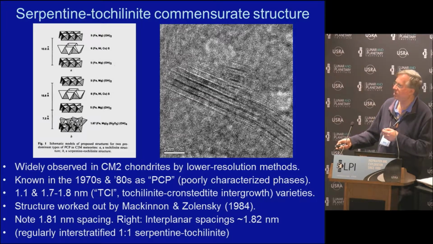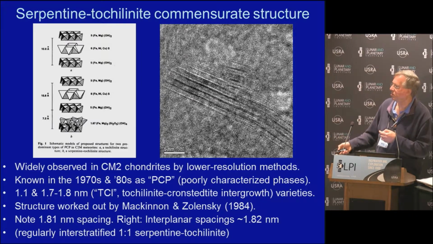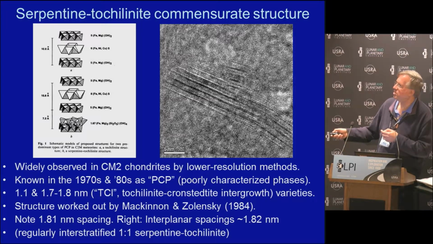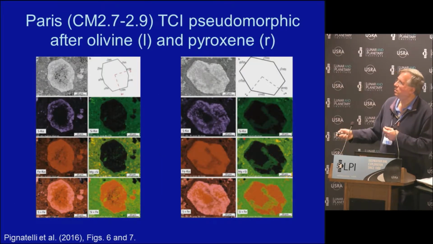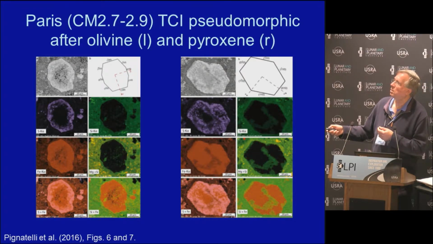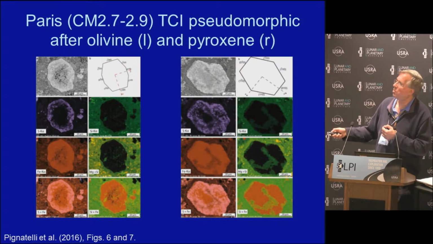Ian McKinnon and Mike Zolensky figured out what they were some years ago. And here is a TEM image of one of these 18 angstrom superlattices of a regular one-to-one alternation of tochilinite and serpentine.